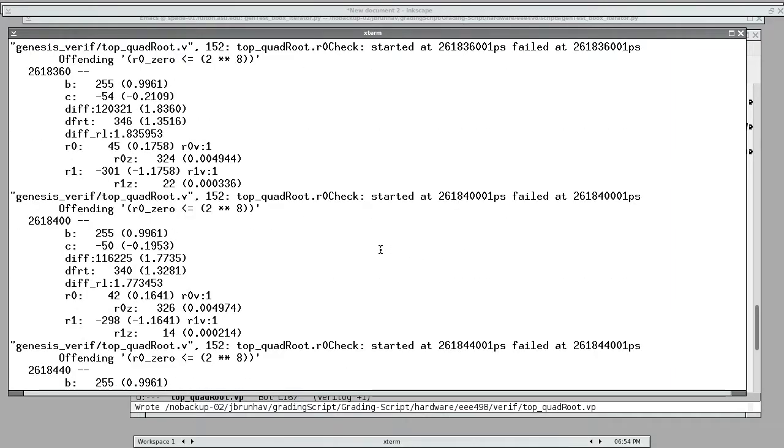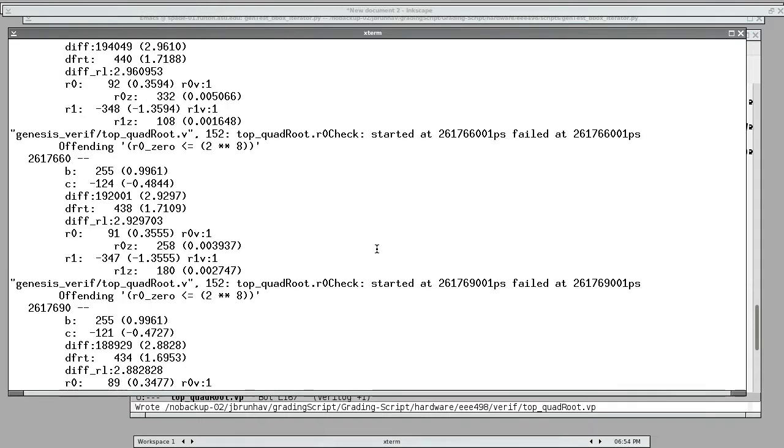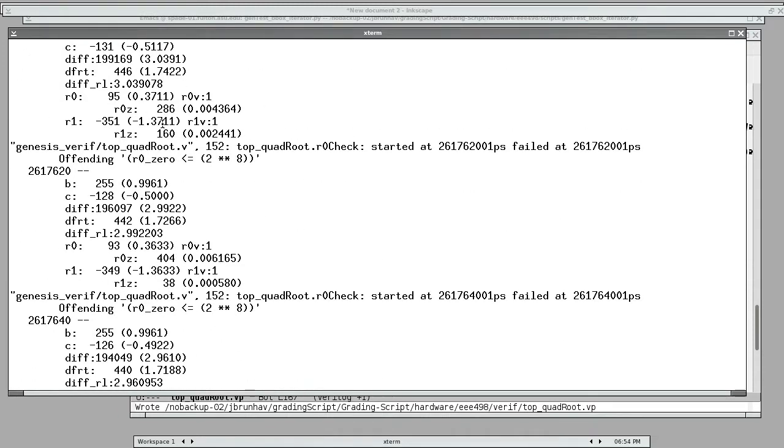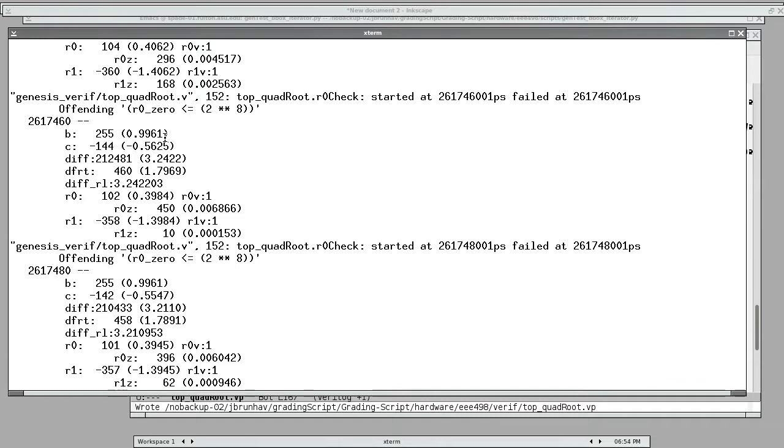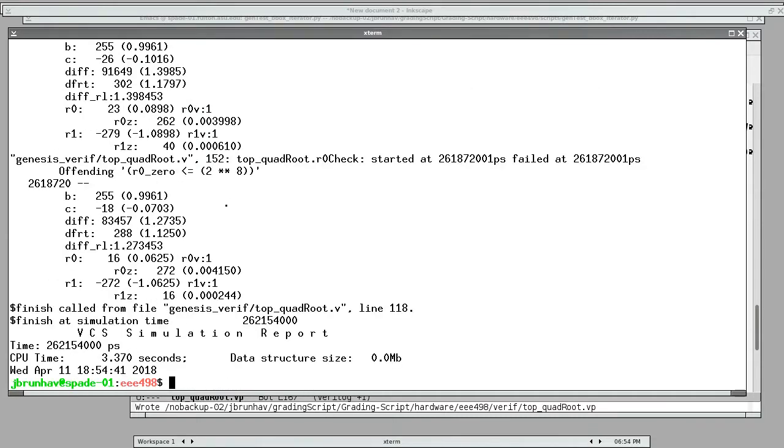310, 326. Yeah, these get... so that one's 450. So that should give me that line from simv.log.